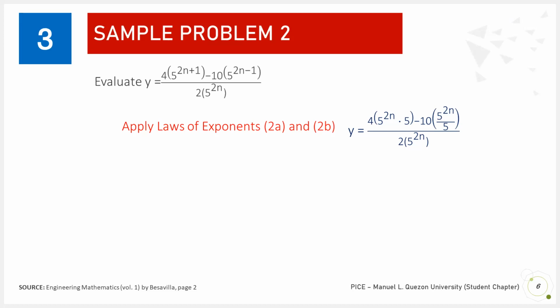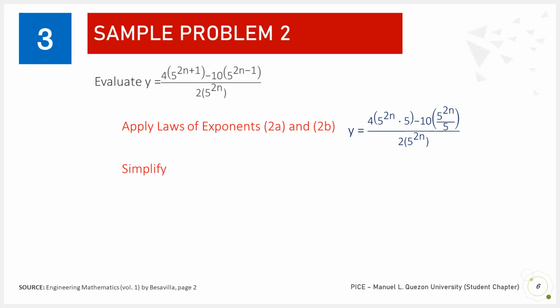So we simply transform yung 5 raised to the quantity 2n plus 1 becomes the product of 5 raised to 2n and 5. And then yung 5 raised to the quantity 2n minus 1 naman becomes 5 raised to 2n over 5. And then, we simplify this further.